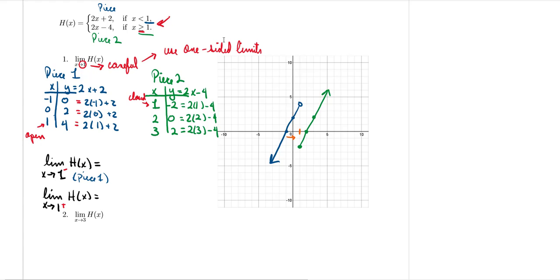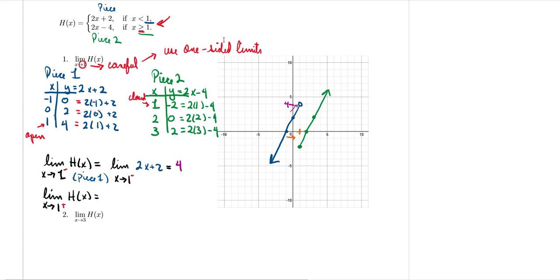Because again, on the left of 1, you are using essentially piece 1, so we're going to have the limit for h of x, which is now behaving like piece 1, 2x plus 2, as x approaches 1 from the left. So what y value are you approaching? As I'm coming in from the left, the y value that I'm getting closer and closer to seems to be the 4. Okay, so the limit is 4.